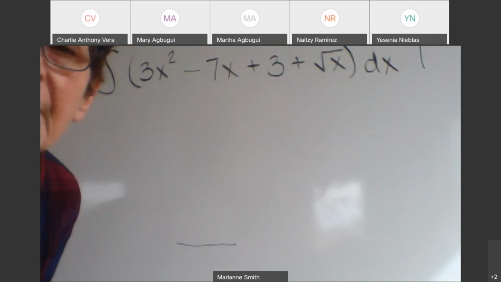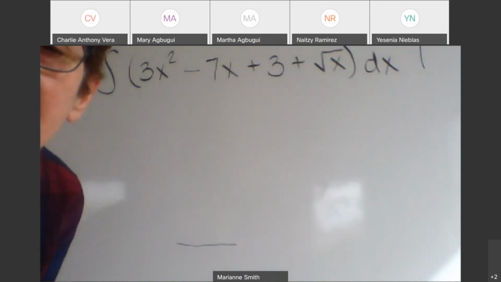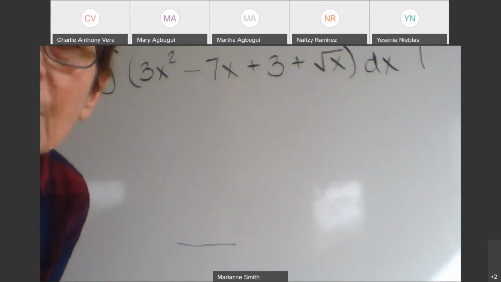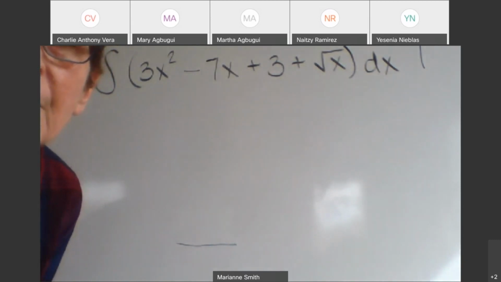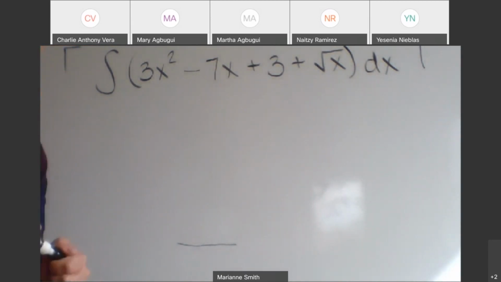I'll give you a minute to work on it and type your answer in as best as you can into the chat when you get it. Remember to use the caret sign for an exponent. If you want to show a square root, put your quantity in parentheses and use up arrow 1/2. Give it a try and we'll work it together in a minute.